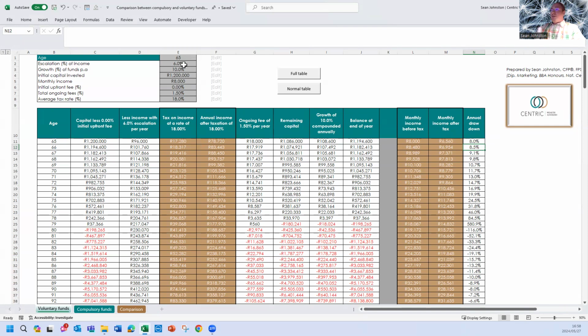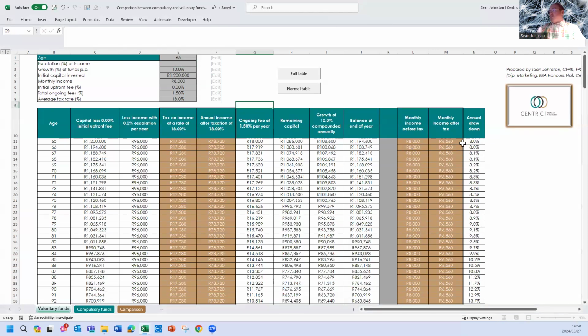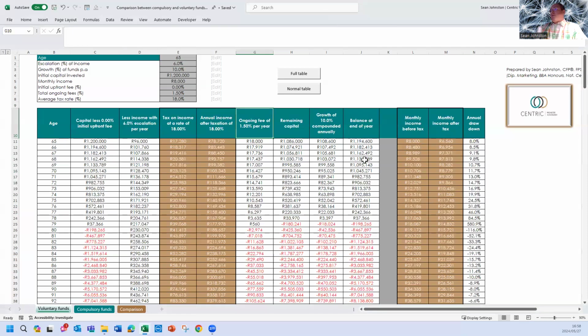Now, you just wait to see what happens. If you do not escalate, then your drawdown will increase at a slower rate compared to the scenario where it does. So what's important to note is that when you're drawing income from retirement funds, you need to look at the longevity of the capital.